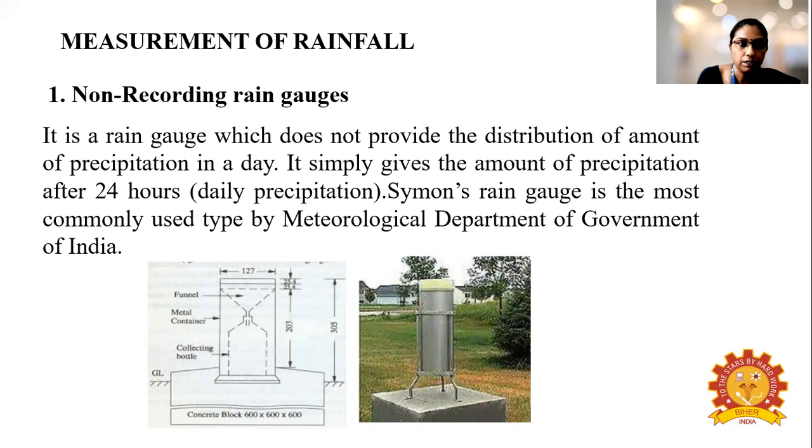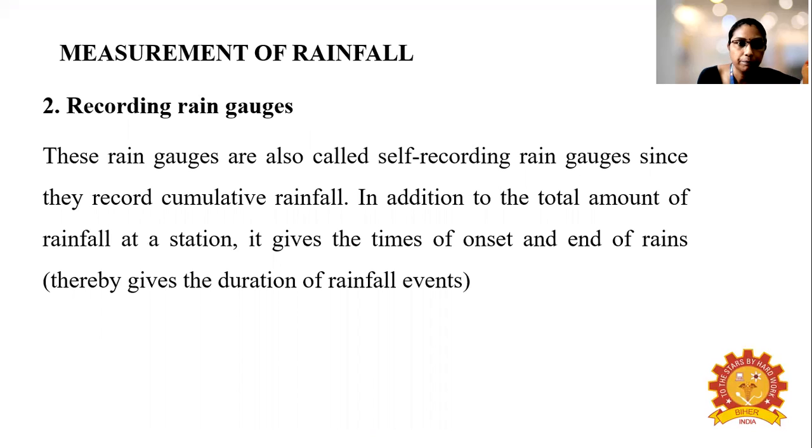Then we can see the second type, that is the recording type of rain gauges. This type of rain gauge is otherwise called a self-recording rain gauge because here they record the cumulative rainfall. So in addition to the total amount of rainfall at a station, it gives the time of onset and end of the rainfall or precipitation.